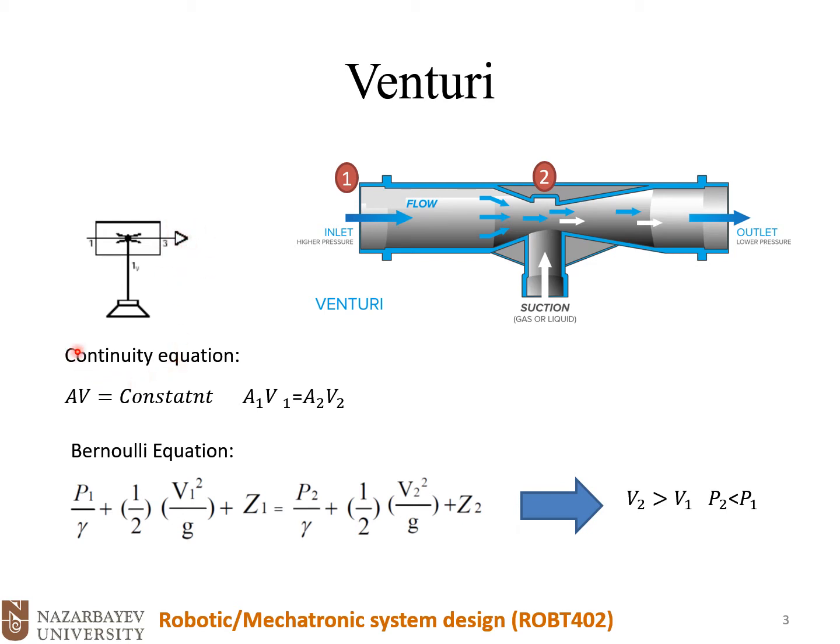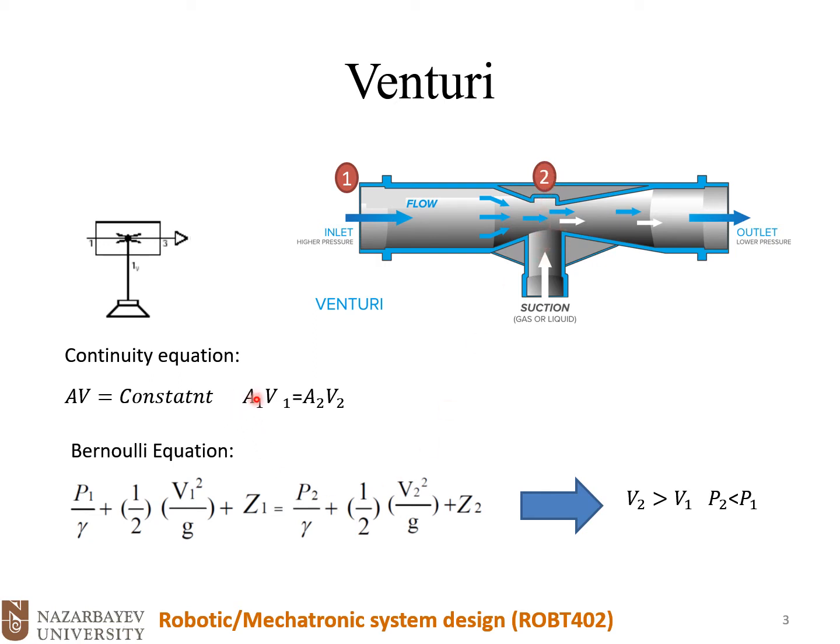Based on the continuity equation in fluid mechanics, AV is constant. A is cross-sectional area and V is velocity of the airflow. So A1, V1 is the first section, and the second section is exactly at the neck of the Venturi at the middle.